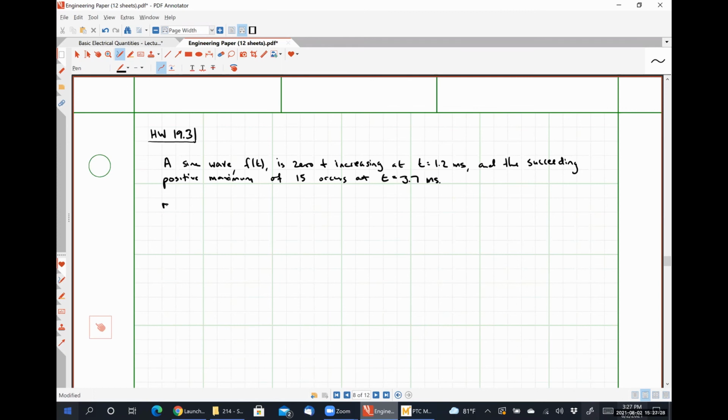We are then asked to express the waveform in the following forms.